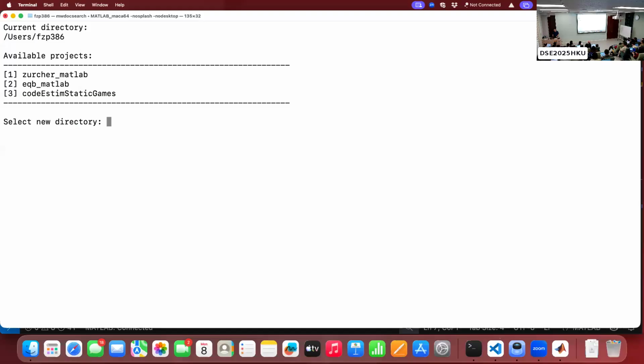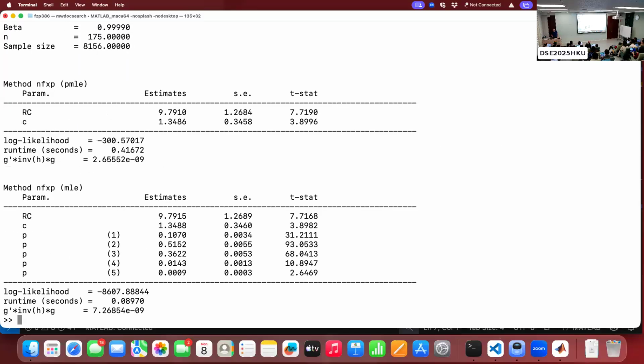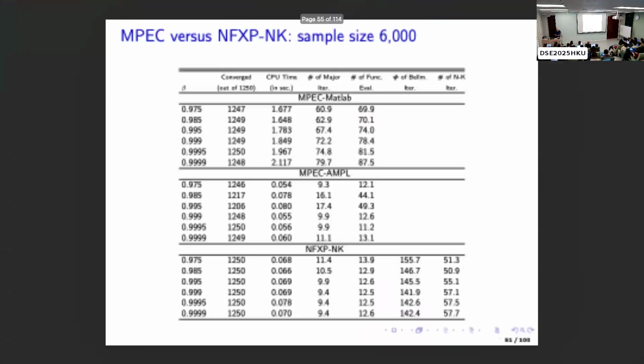DSE1, run bus data. There you go. We're pretty much done, right? 0.08 seconds. Okay, because we did all these things that were written down in the manual. So read the manual. Implementation matters. I think that's all I have to say about that.